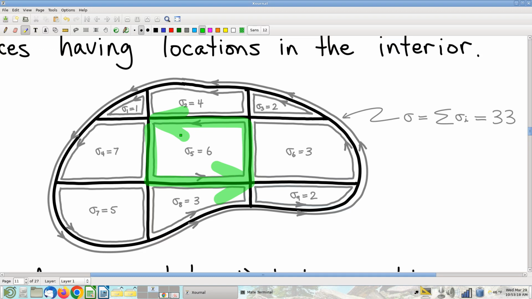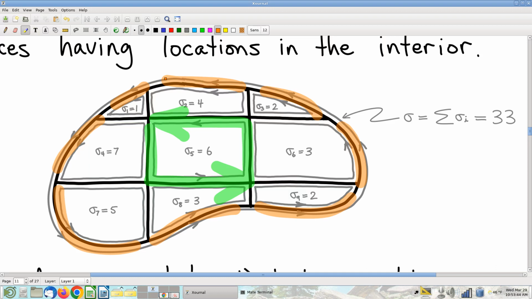By itself, it's a thing. By itself, it is 6. And yes, you're absolutely right. When I add all of these other things to it, all of that's going to cancel. Those pieces are going to cancel out, and only these pieces are going to remain. But that doesn't happen until I add in all of the other pieces. Does that make sense? How are we doing?